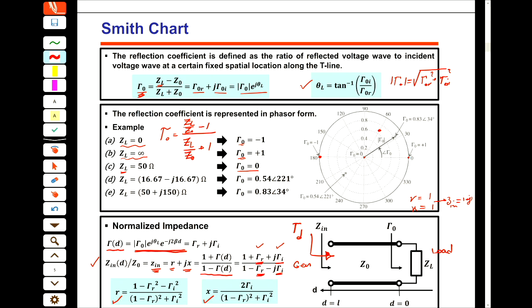We need to change the phase of this value by 2 beta d. And beta d is the electrical length of the circuit, and it's different for different frequencies. Okay? Clear?